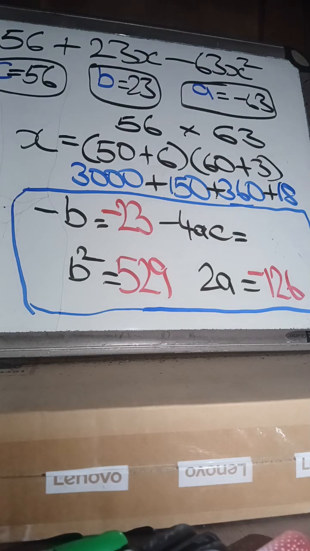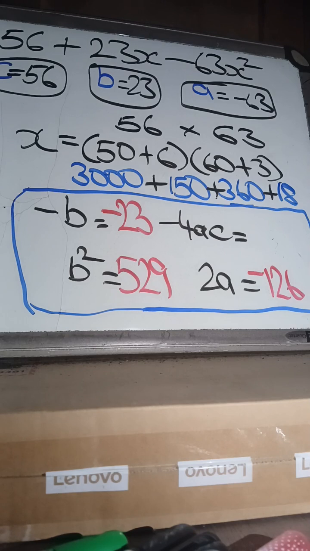Because if you multiply minus 63 by 4, you're going to end up with a positive 252. And then you just multiply that by the C, 252 by the 56. But anyway, we already have the 3,528.